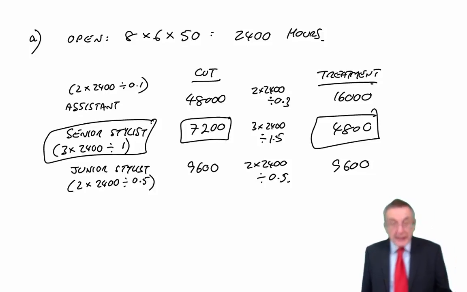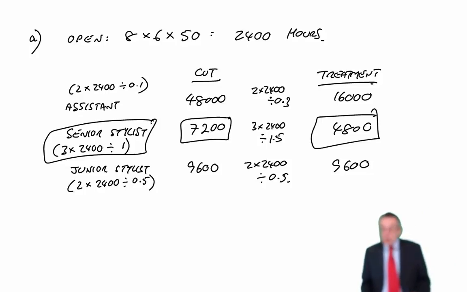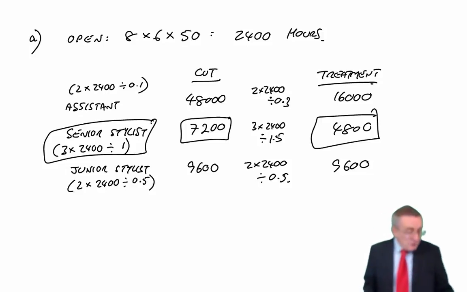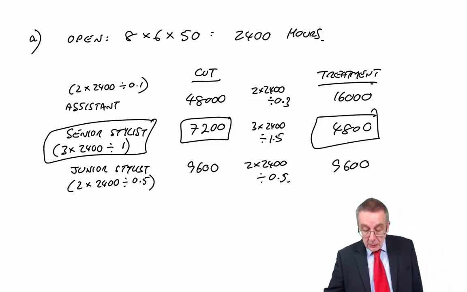Now, I'm not going to write that down, what I just said, read what the examiner's written, but that's what's limiting how many customers we can deal with. I can't think of any better way of showing the calculations, and I think that's the way the examiner's shown it as well.